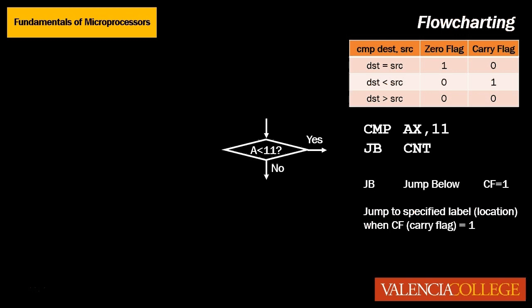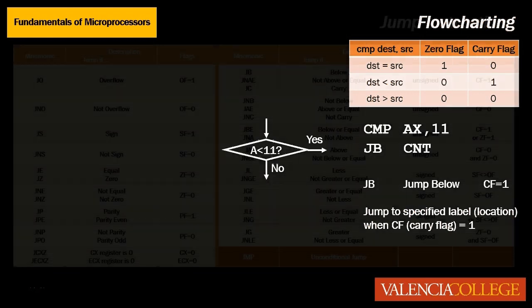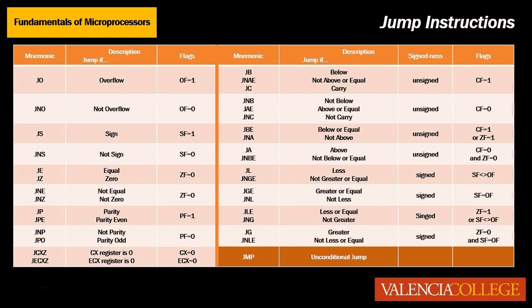Interestingly, this jump instruction has two other names that could also be used, and there is no preference other than making the program easier to read. You could also use the JC instruction, jump if carry, or the JNAE, jump if not above or equal, and the result would be the same.